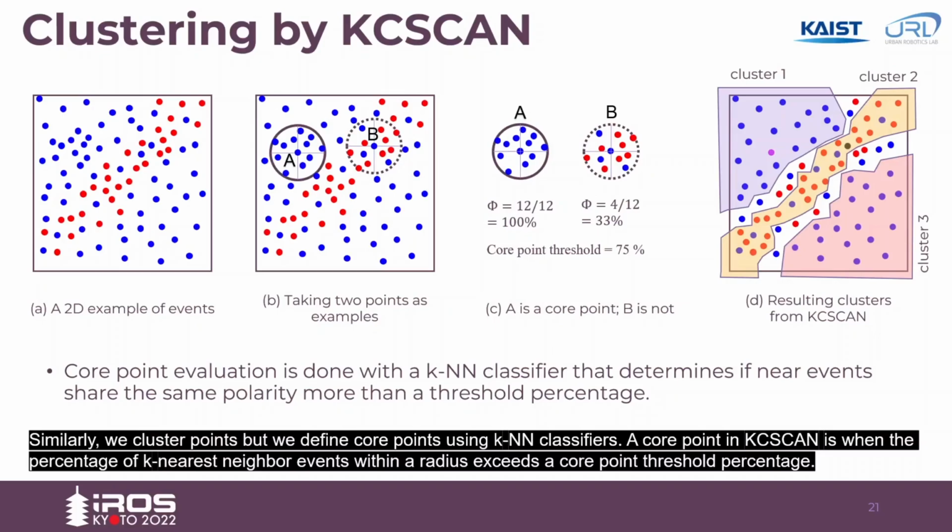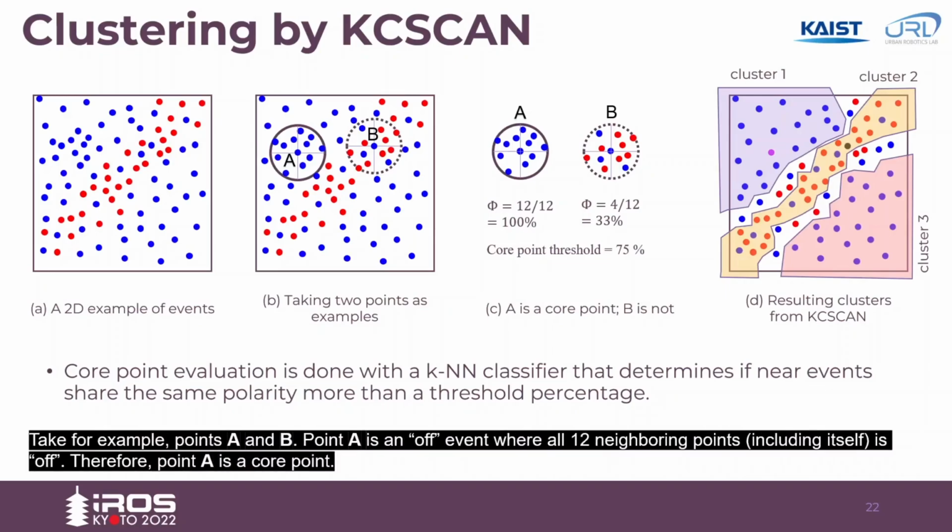A core point in KCSCAN is when the percentage of k-nearest neighbor events within a radius exceeds a core point threshold percentage. Take, for example, points A and B. Point A is an off event, where all 12 neighboring points, including itself, is off. Therefore, point A is a core point.